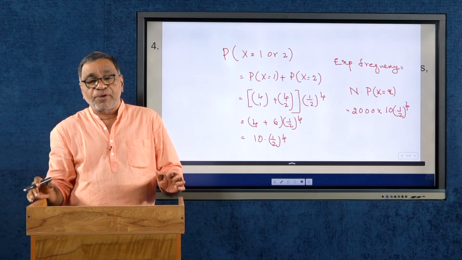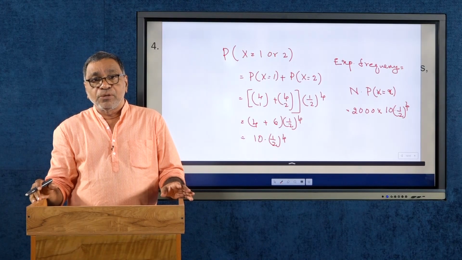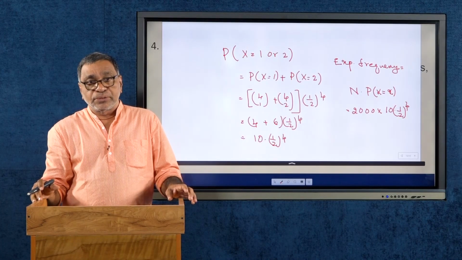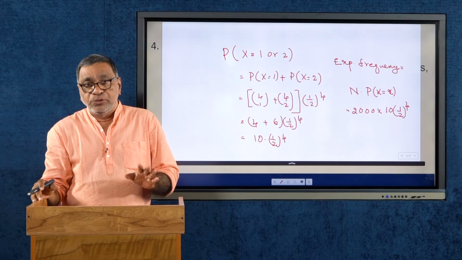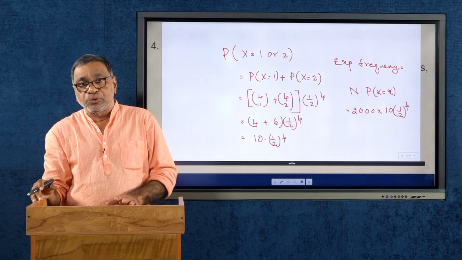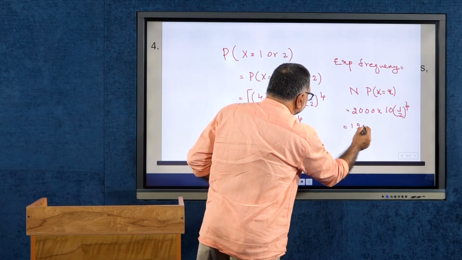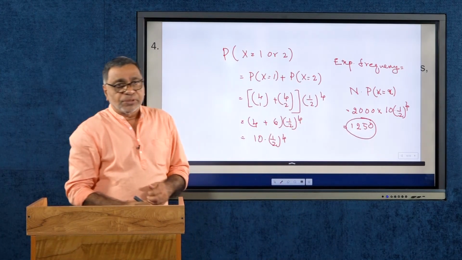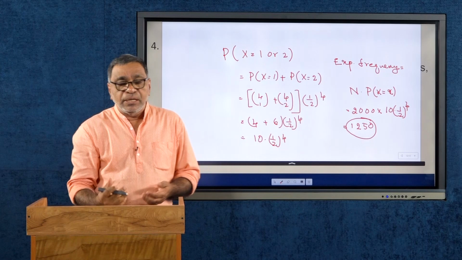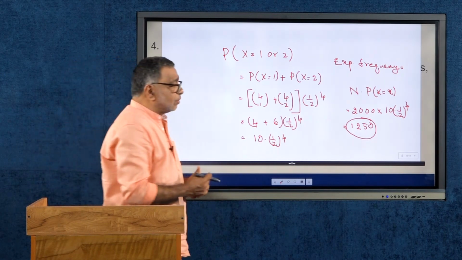The expected frequency is 2000 into 10 into (1 by 2) to the power 4, which equals 1250. And similarly, the next event is no girls.